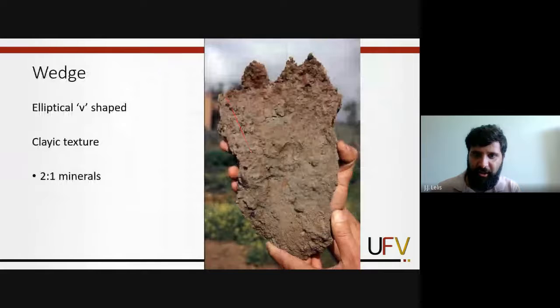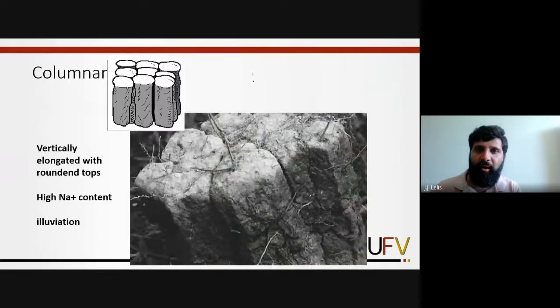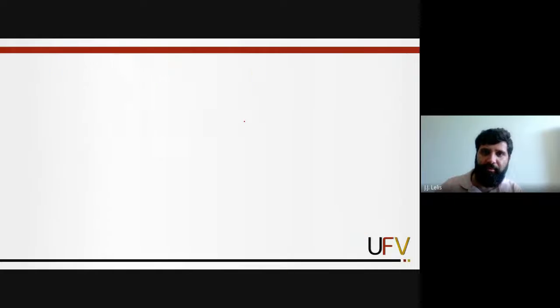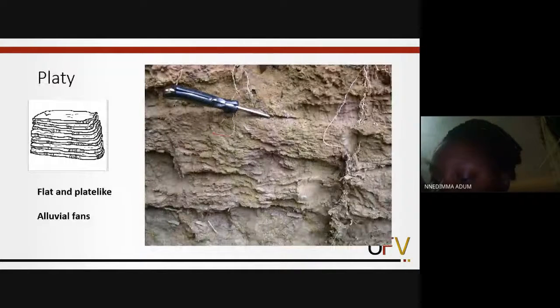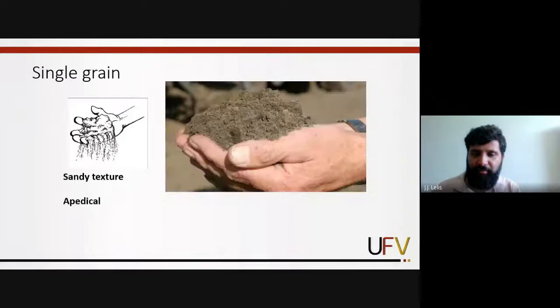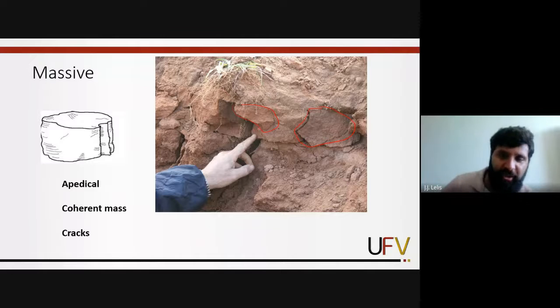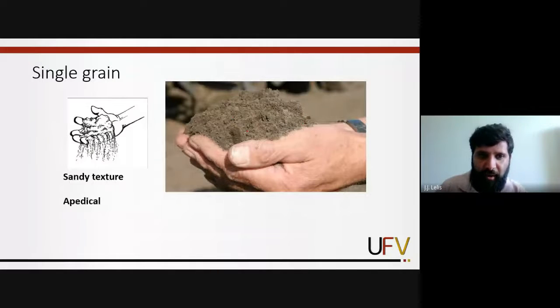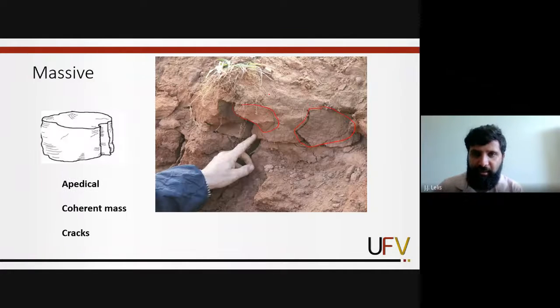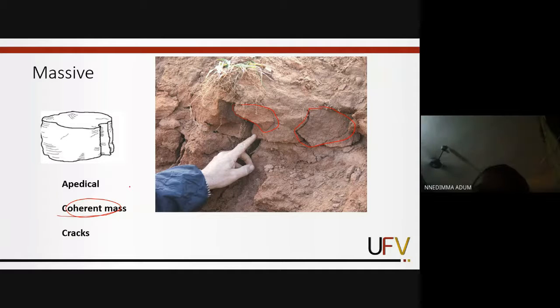A V shape. Elongated with a curved top. Flat one. And here we don't have a shape. And here we don't have a shape. But this material is a loose material. And here we have a coherent material, a coherent mass. Okay? Do you understand right now?